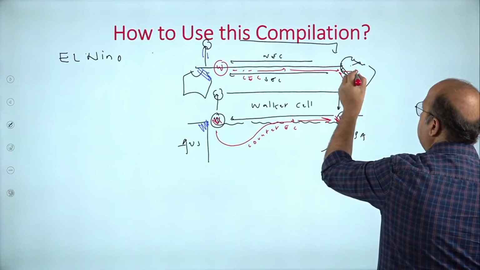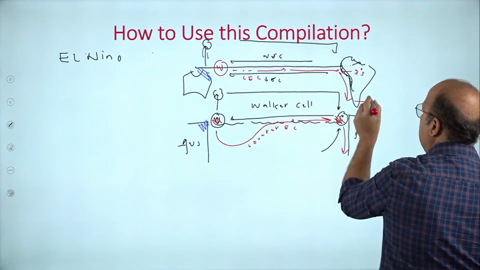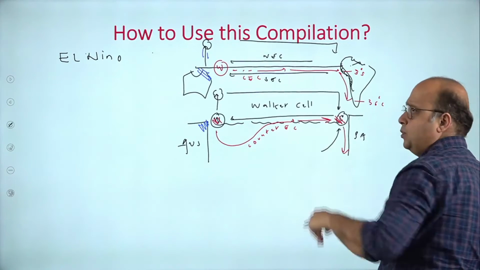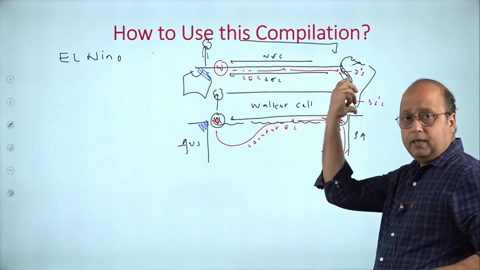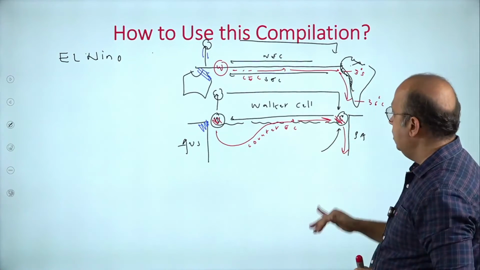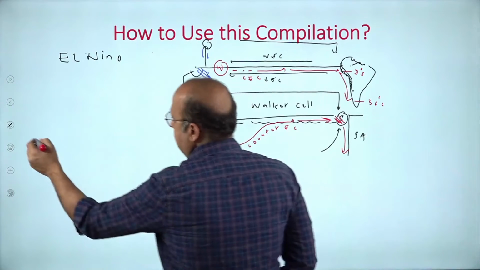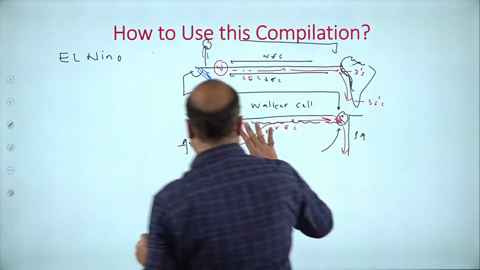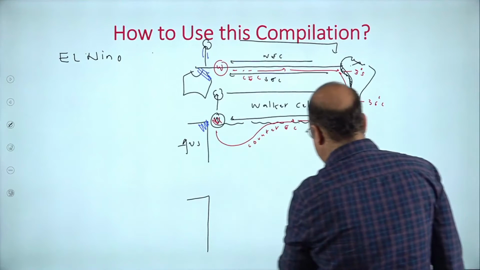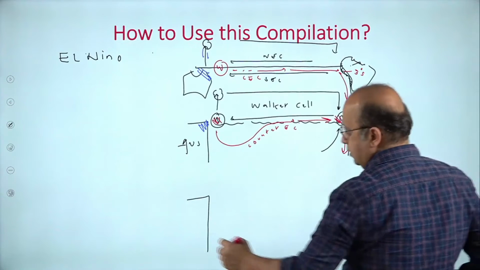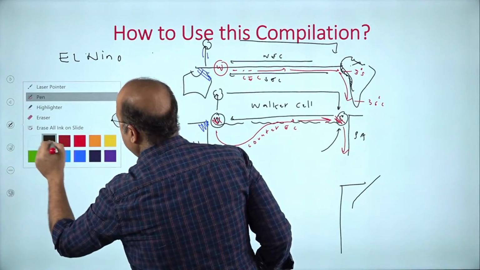The current which moves along the coast of South America from 3 degrees south to 36 degrees south, that segment is known as El Nino. So when we have an El Nino, the entire scenario gets reversed. Now this is a normal condition. Now what happens in El Nino time? I am just giving a side view, which gives you a hint.